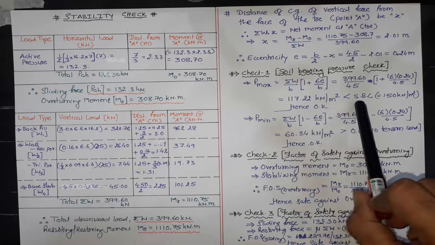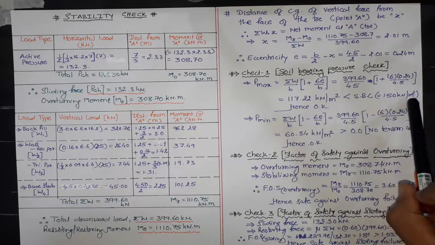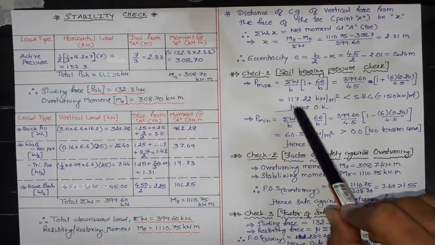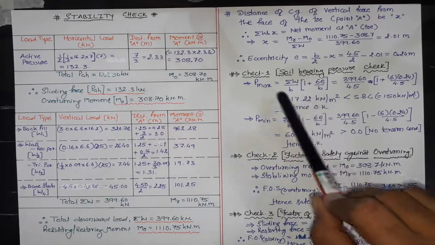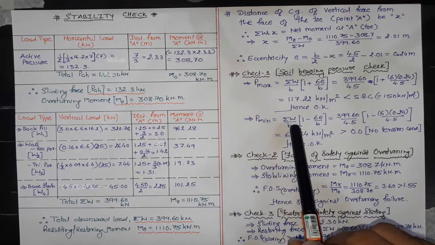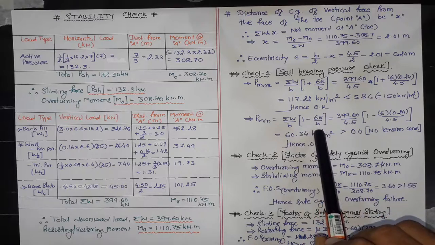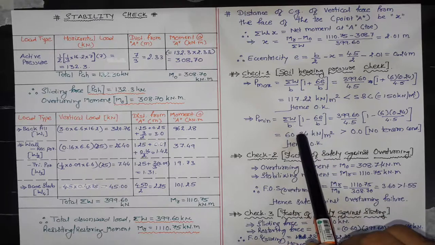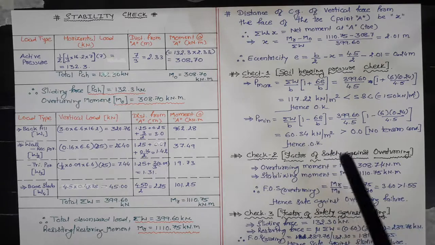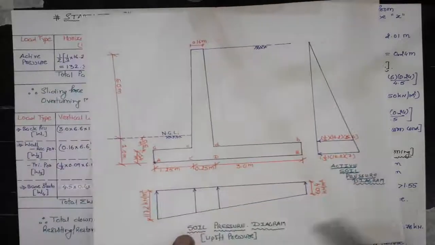which is smaller than your SBC, that is 150 kilonewton per meter square. This is your given data. Therefore, we are safe as far as maximum pressure is concerned. For minimum pressure, we will use the formula sigma W by B into 1 minus 6e by b. This comes out to be 60.34 kilonewton per meter square. These two pressure values are shown here.